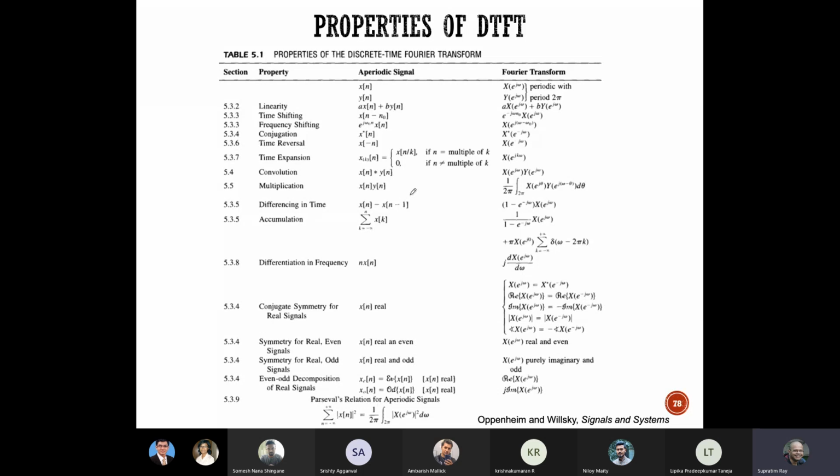Linearity, time shifting, I guess it's not here. But I think we did at some point what happens to the frequency representation when a signal is just squished in time. So instead of t, if I do t by 2, what happens to the frequency domain? And essentially it gets stretched.